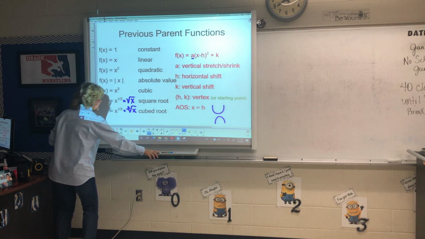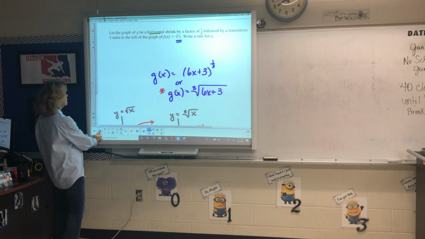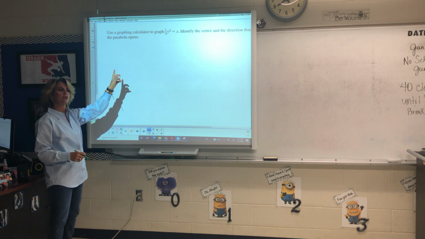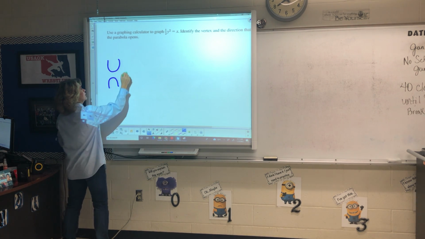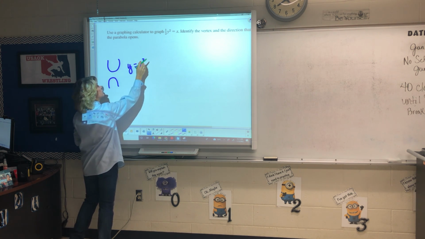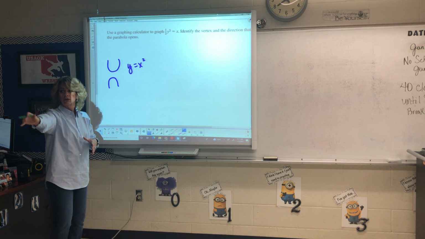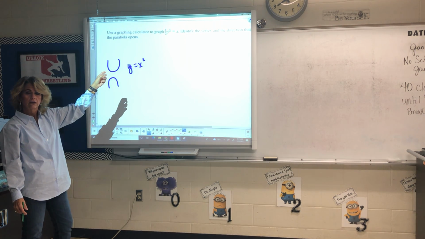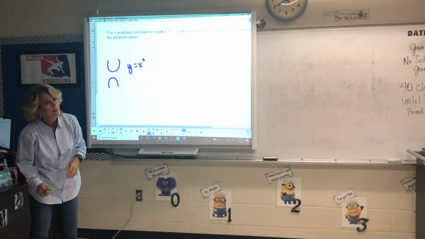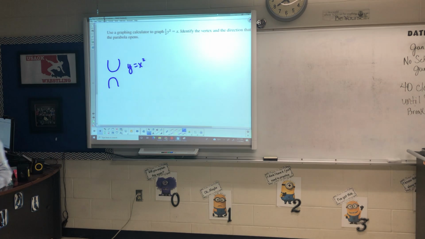So, well, if that's what that looks like, what do you think this would look like? Because in a quadratic, we have y equals x squared. Right or wrong? This isn't y equals, is it? Do they open the other way? Let's check it out, okay?